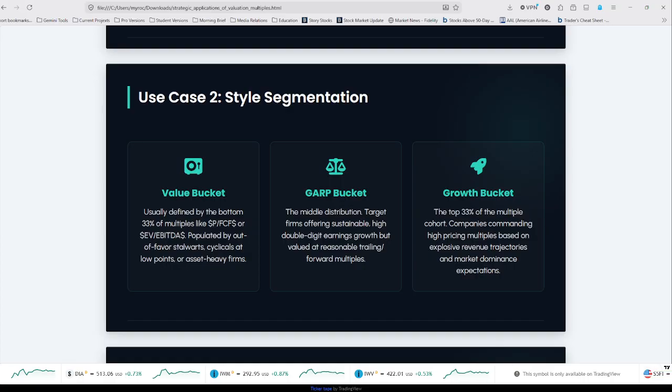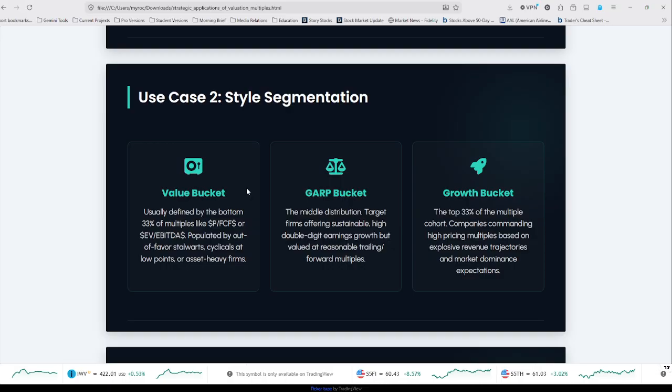So, for example, if I have 100 stocks, let's say I have 99, we're going to keep it simple, right? I have 99 stocks. I sort them out by valuation multiples, lowest to highest, right?